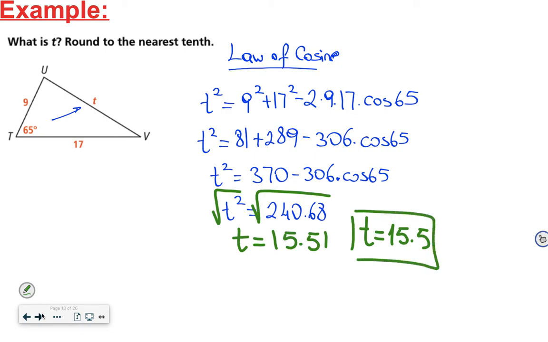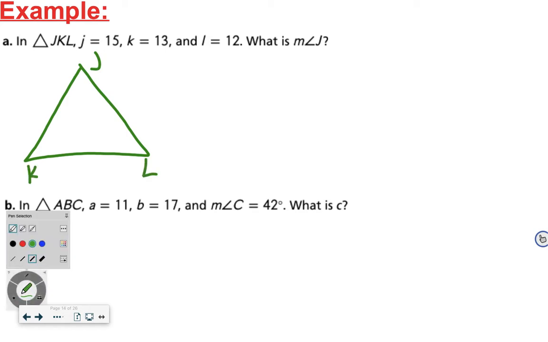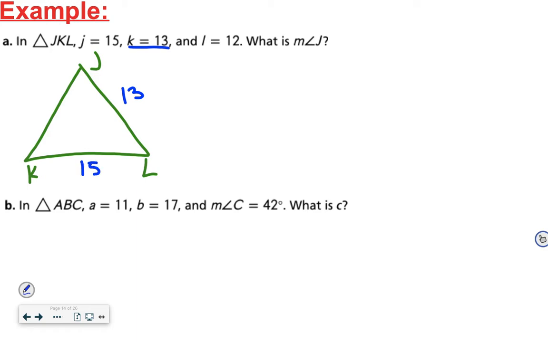Next question. In a triangle JKL, the side opposite of angle K is 13. The side which is opposite of angle J is 15, and the side which is opposite of angle L is 12. The question is asking you, what is the measure of angle L?